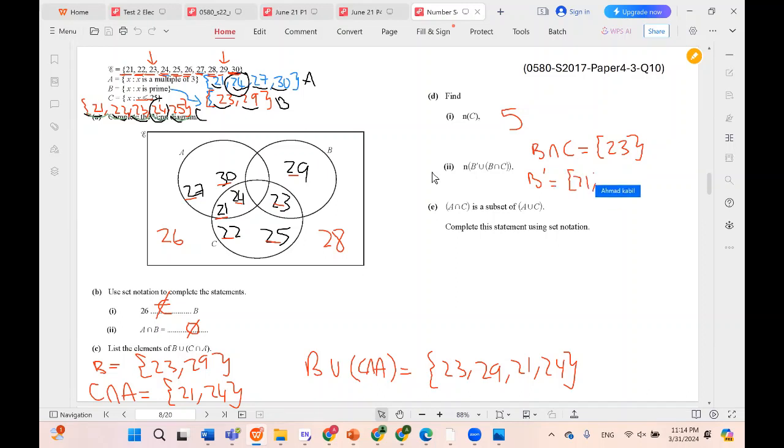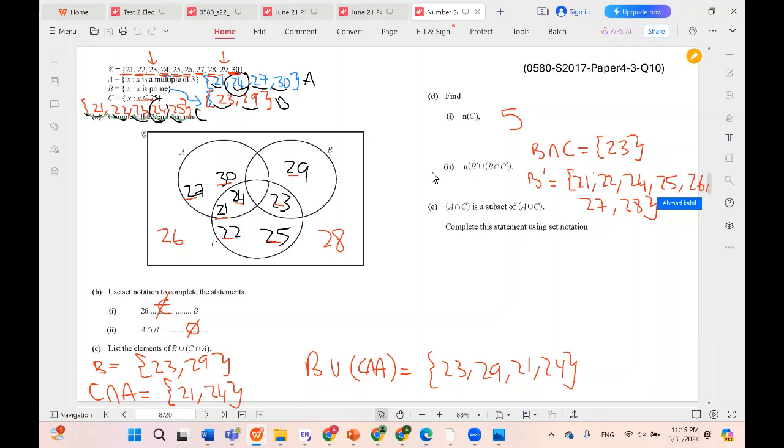So we have 21, 22, 24, 25, 26, 27, 28. This is B complement.